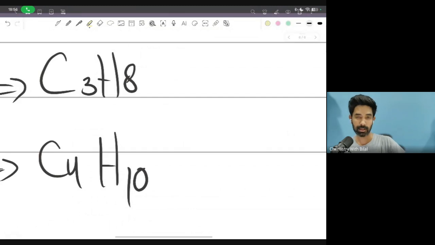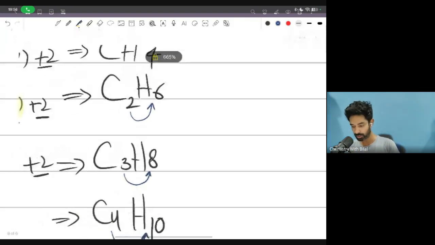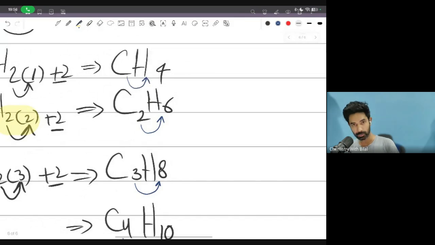Double of 4 is 8, and then add 2 to that, 10. So the relationship between hydrogen and carbon is that hydrogens are 2 more than double. 4's double is 8, then add 2. 3's double is 6, then add 2. 2's double is 4, then add 2. 1's double is 2, and then add 2. So in alkanes, hydrogens are 2 more than double.